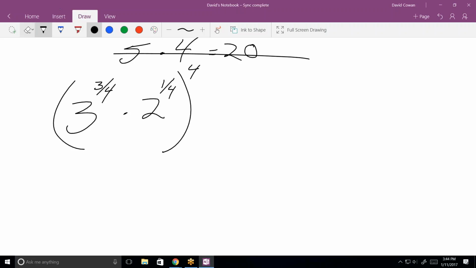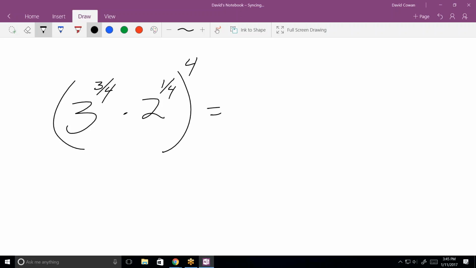So had you not given me this, the only way I could have solved it was with a calculator, finding 3 to the 3/4 and multiplying it by 2 to the 1/4. The fact that the whole thing is to the 4th power means we now have double exponentiation going on, so I can actually multiply that 4 by each of these exponents.